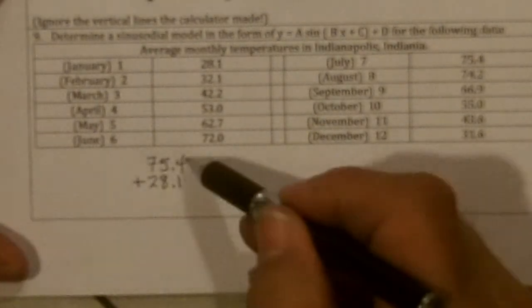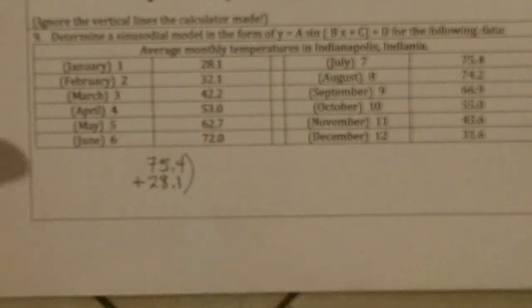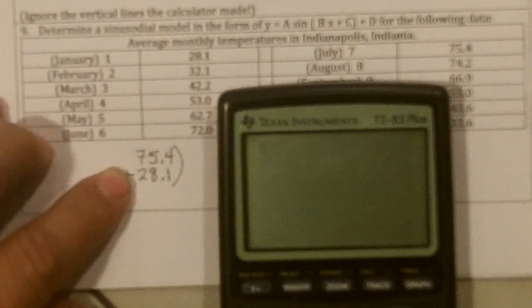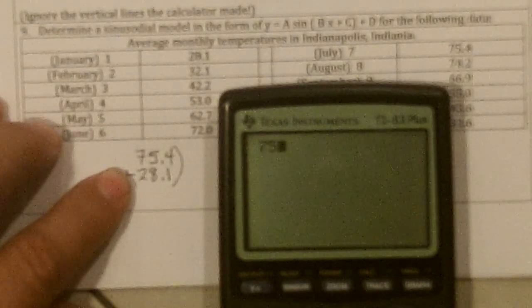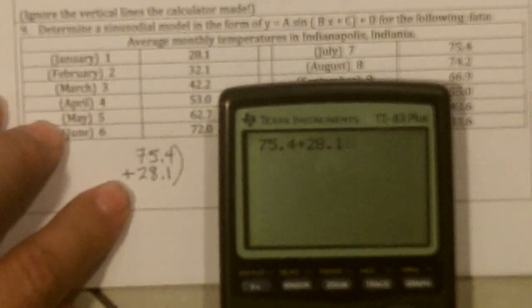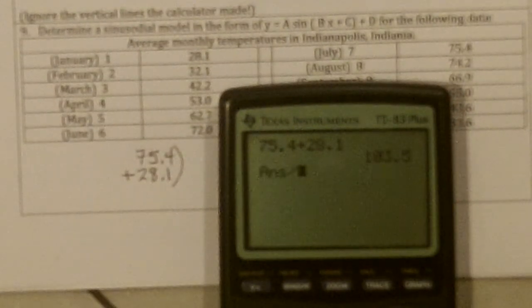So an estimate for the center line would be halfway between these two. So if I add these two and divide by 2, that would give me the center line. So that would be 75.4 plus 28.1. And I have to either put that in parentheses or press enter and then do the divide by 2.